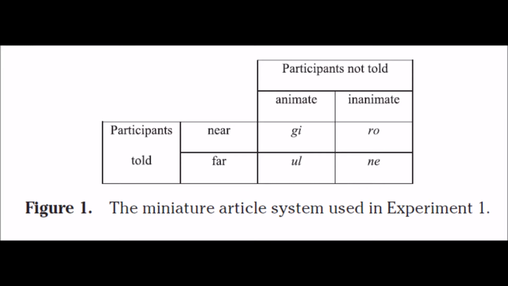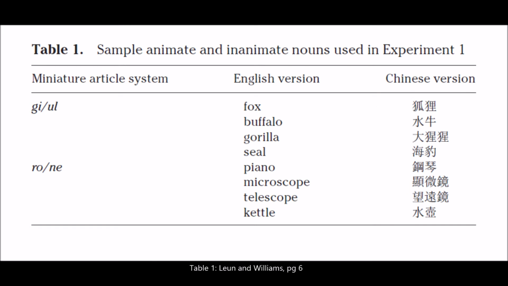For example, GU and desk together can be translated as near desk. The subjects were able to memorize the key code for as long as they wanted, but were timed on the actual test itself. Table 1 here is an example of the English version and Chinese version of the test.